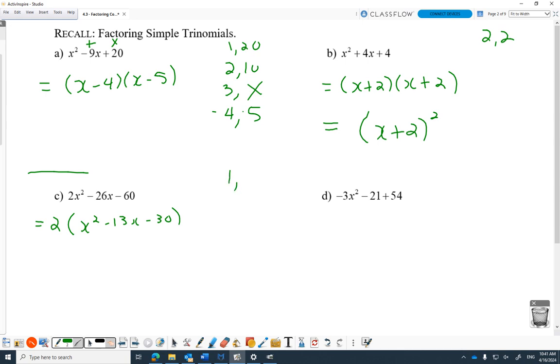1, negative 30. That multiplies to negative 30, but doesn't add to negative 13. 2, okay, 2 to negative 30. Maybe that's not even in the multiplication tables, is it? You might need your calculator. 30 divided by 2 in your calculator, negative 15. I can do it in my head, but only because I've been here for a million years.